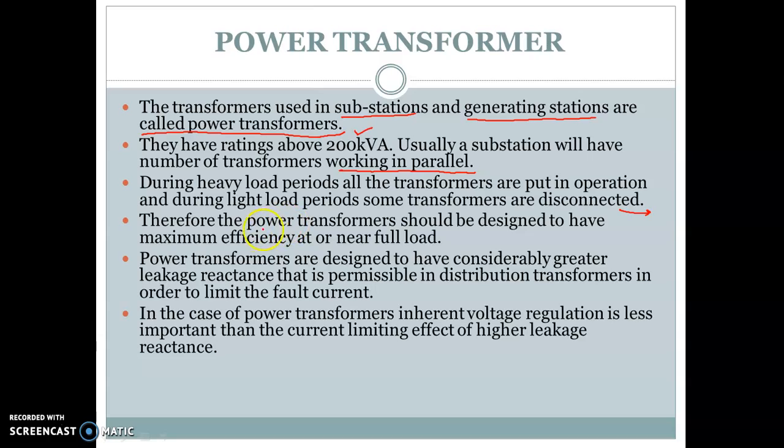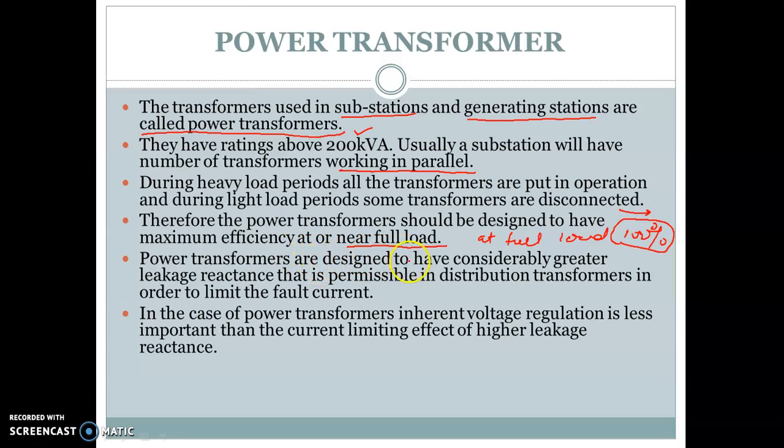Therefore, the power transformer should be designed to have maximum efficiency at or near full load, meaning 100% load is applied. At that time its efficiency is designed to be maximum. But in a distribution transformer, the efficiency was maximum at only 75% load.